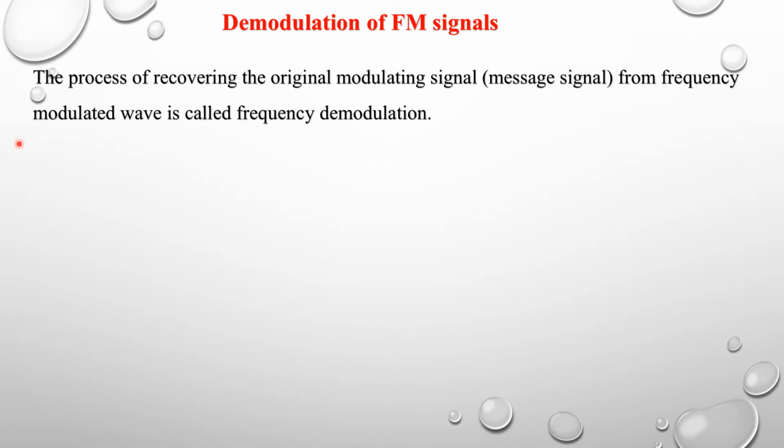The process of recovering the original modulating signal or message signal from the frequency modulated wave is called frequency demodulation. The frequency discriminator is one of the methods to recover the original signals.